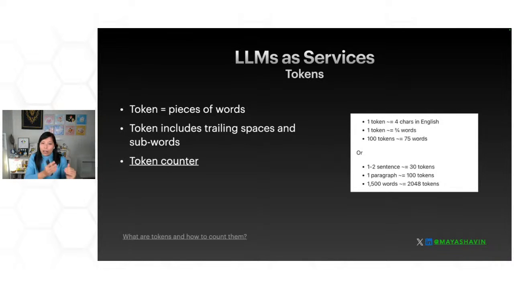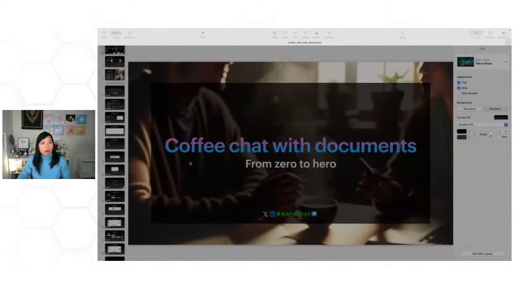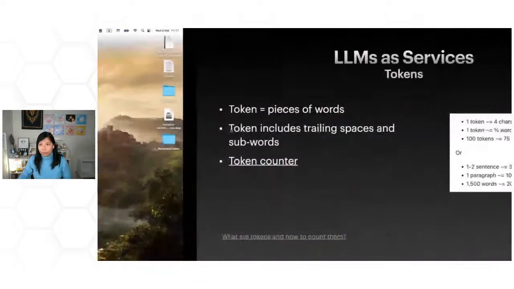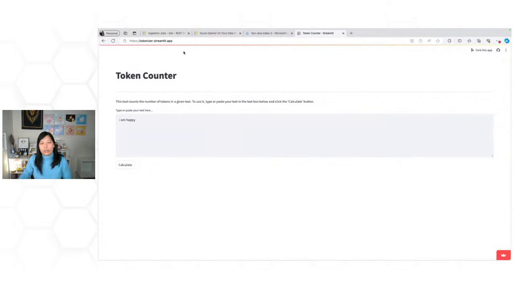Now how are we going to actually count the tokens based on approximate calculations? There are many ways. One of the options is to use a token counter. You can go to the website tokenizer.streamlit.app, write or paste your text there, and it will calculate how many tokens it would take.